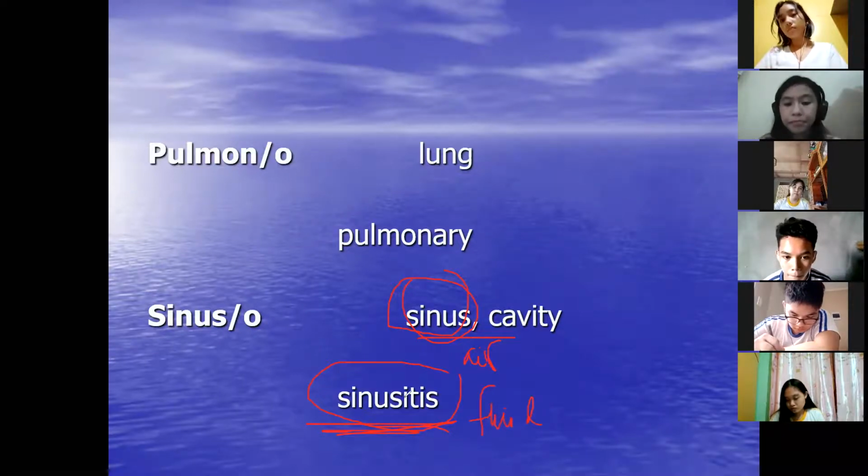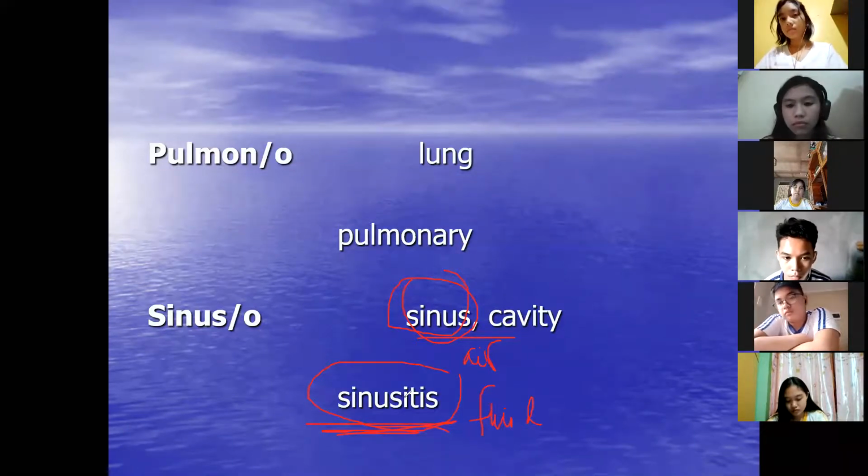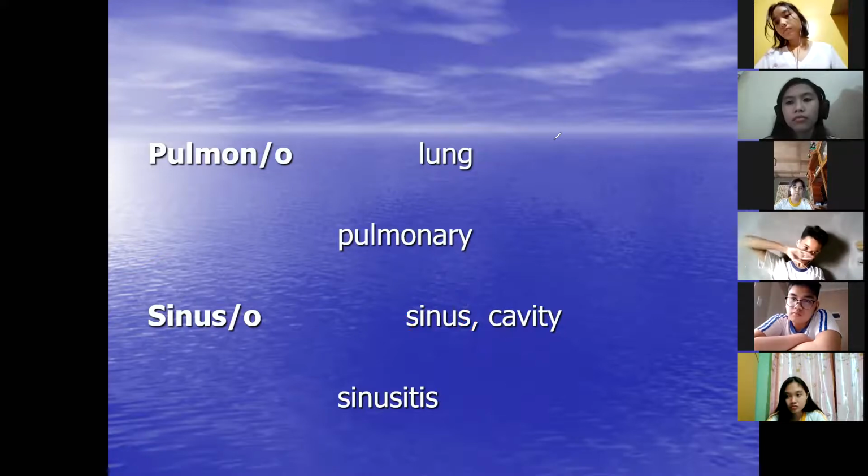If you accidentally talk while drinking water, and then you breathe in or out, a little portion of the water goes to your nose, and you experience pain in your nasal cavity. That's a symptom of sinusitis. If it's not treated, it will worsen and result in chronic sinusitis, which leads to complications like cough and colds or even slight fever.